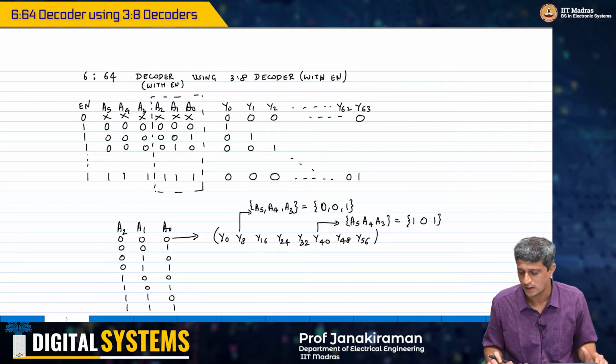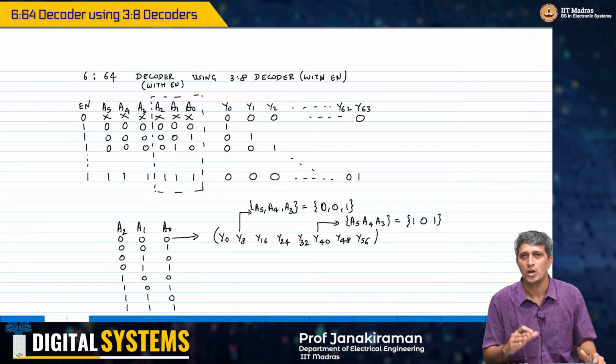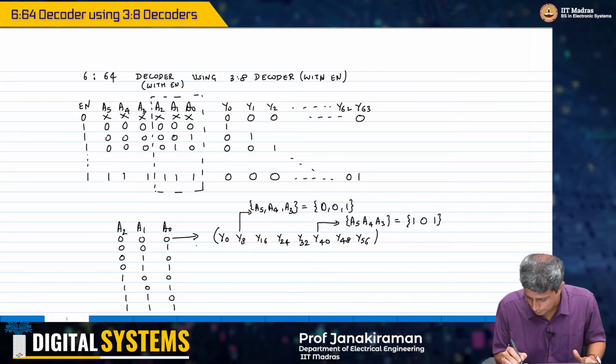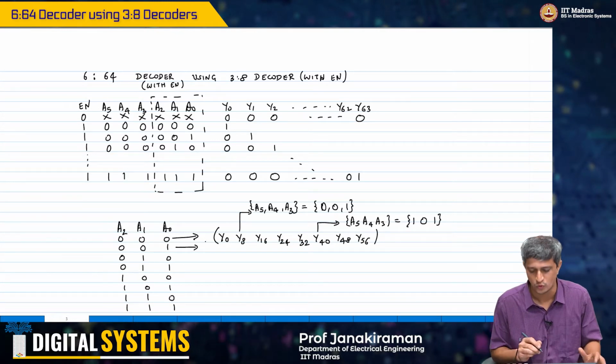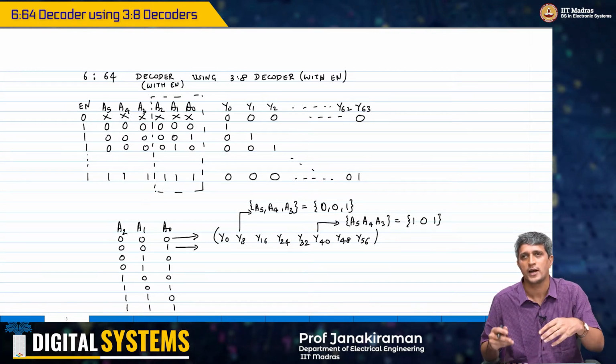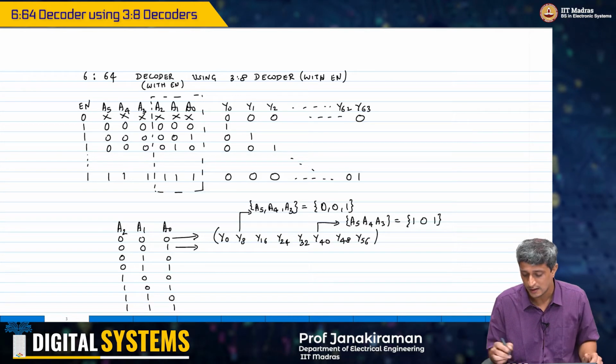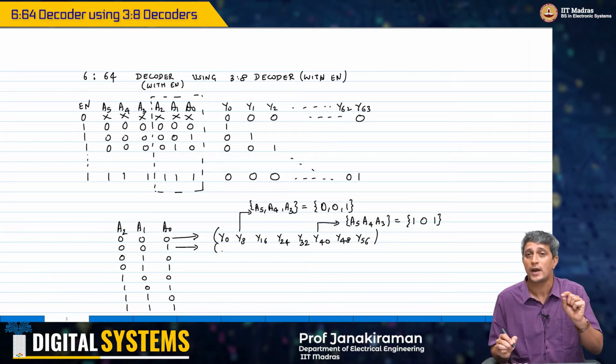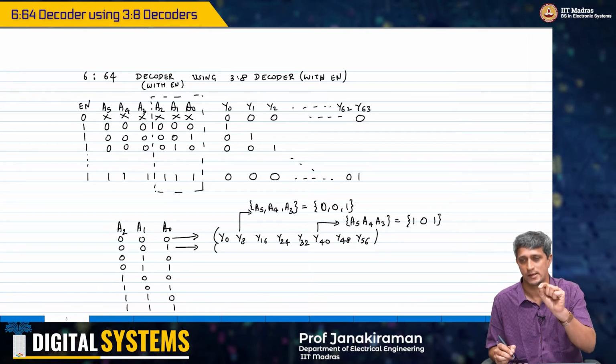This is how the whole behavior is. Now likewise, when you go to A2, A1, A0 being 0, 0, 1, we are trying to see what outputs will go high when A2, A1, A0 are 0, 0, 1, right?